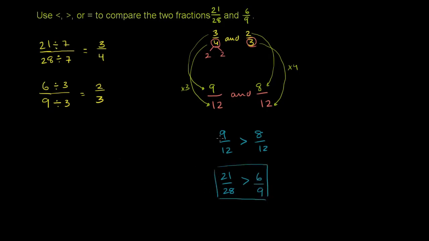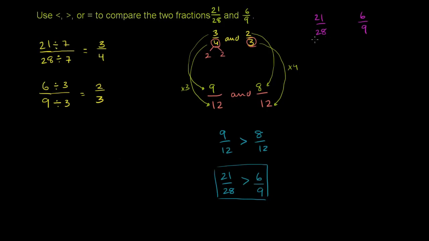Another way we could have done it, we didn't necessarily have to simplify. Let me show you that just for fun. If we didn't think to simplify our two numbers first, so 21 over 28 and 6 over 9, we could just find a least common multiple in the traditional way.